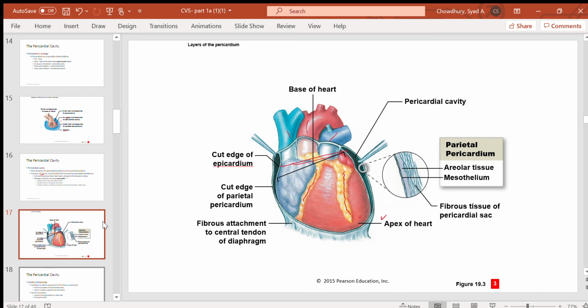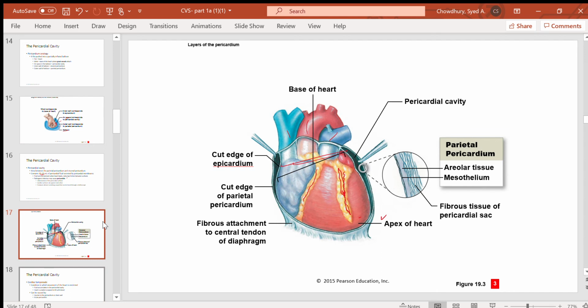And actually the fat tissue is accumulated inside the grooves. That means on the outer surface of your heart, you have shallow, elongated grooves, and the fat accumulates inside the grooves. So this is one groove here.